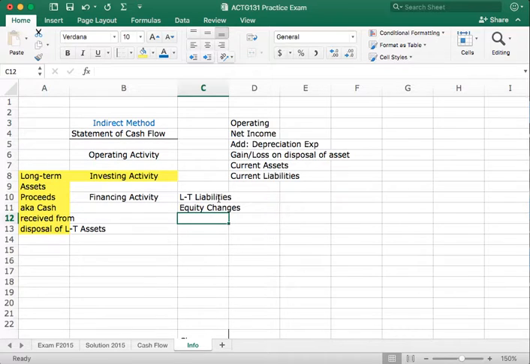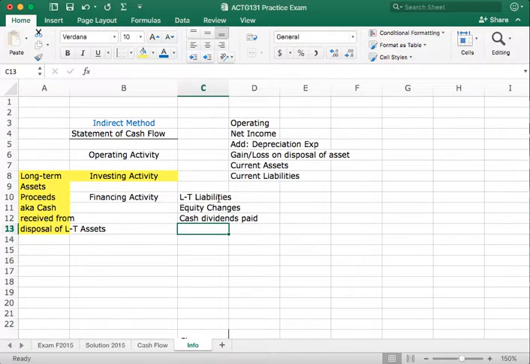If we redeem bonds, meaning we paid them down, that would be cash going out. That would reduce cash. If we issued new bonds or new additional long-term liabilities, we would receive cash. The last piece of this is for the financing activity, cash dividends paid. If we paid cash dividends, we're going to show that under the financing activity.